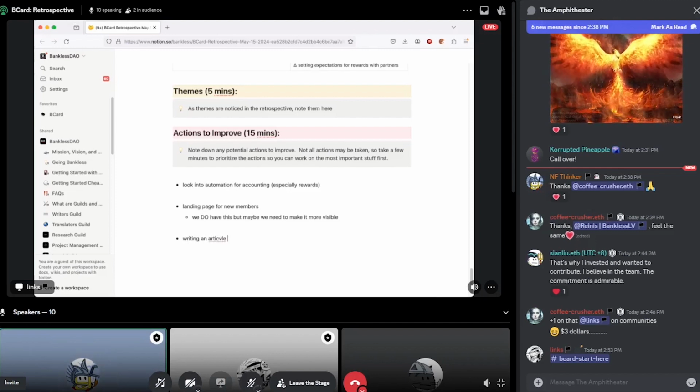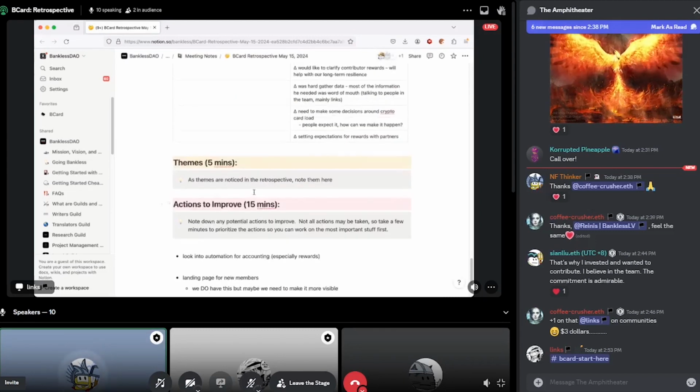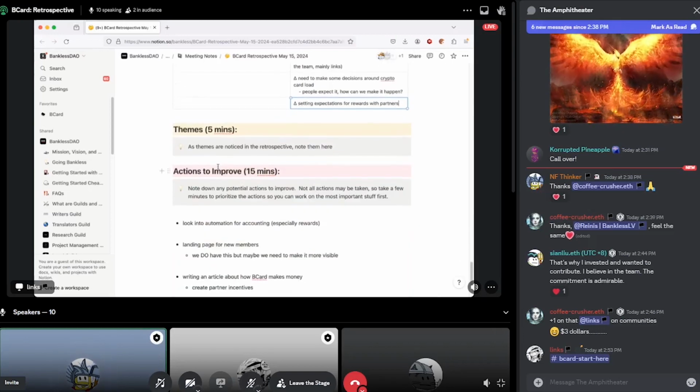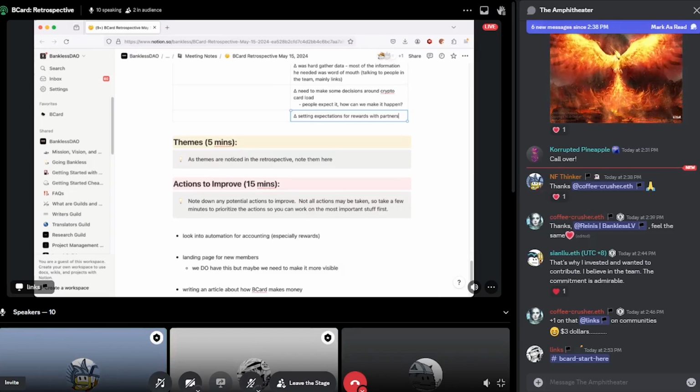But as a partner community, what's going to incentivize them to push this to their members is that incentive. What are they going to get out of it? So this is why on my side of things, it's really about setting some clarification and setting some expectations on what to expect as a partner community with bCard.